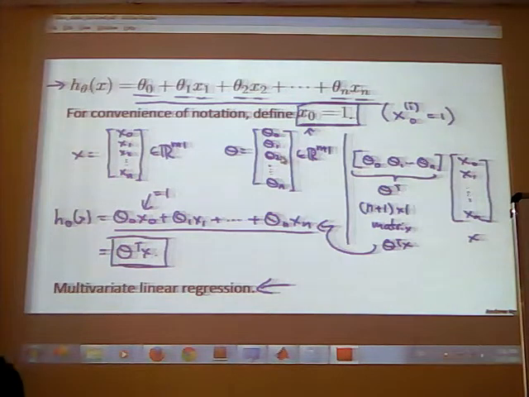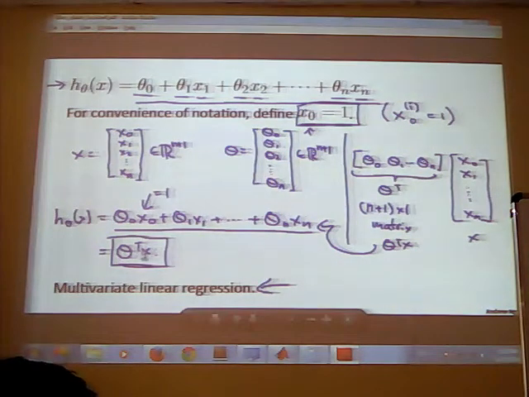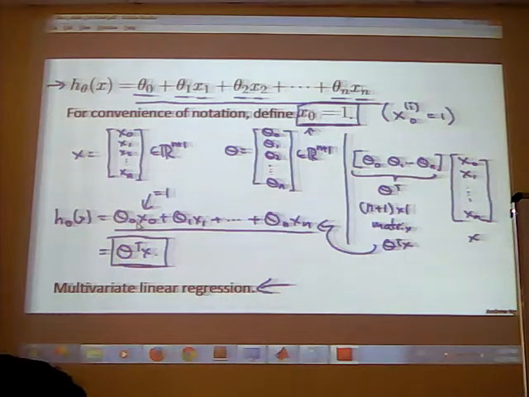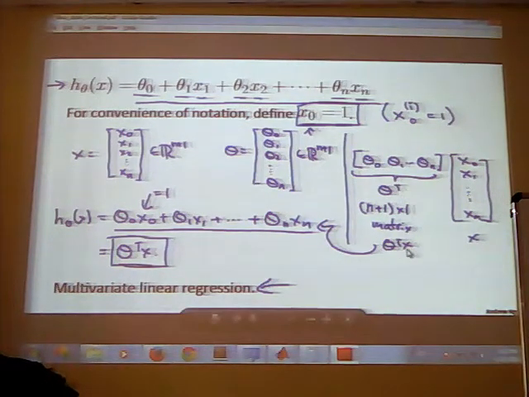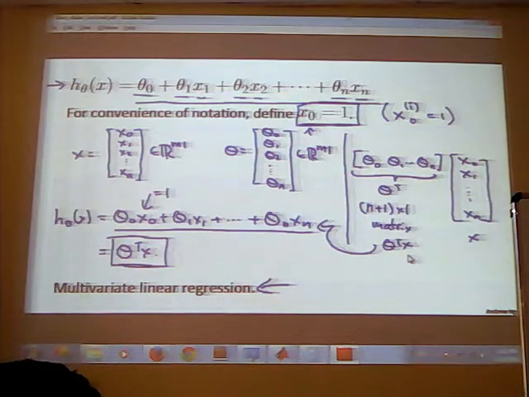Because to multiply we should have convenient dimensions of the two vectors or matrices. Theta superscript T denotes the transpose of theta. Transpose of this is equivalent to this. This is theta transpose, and we have x. So this becomes theta transpose x. That is your h of x.